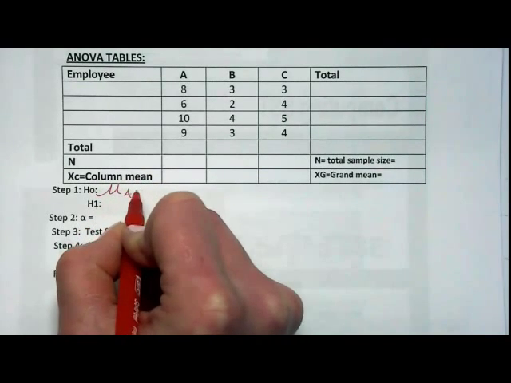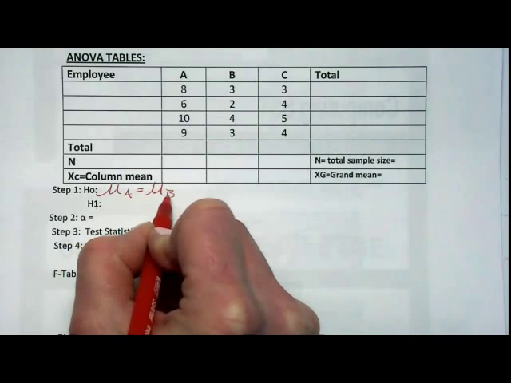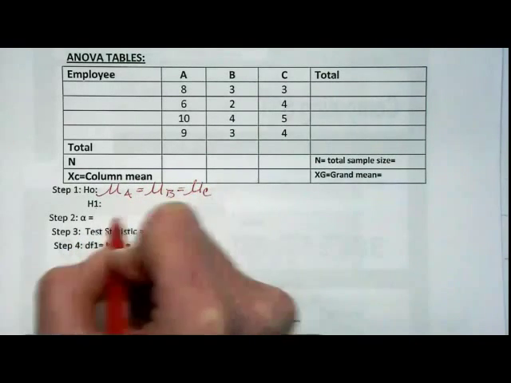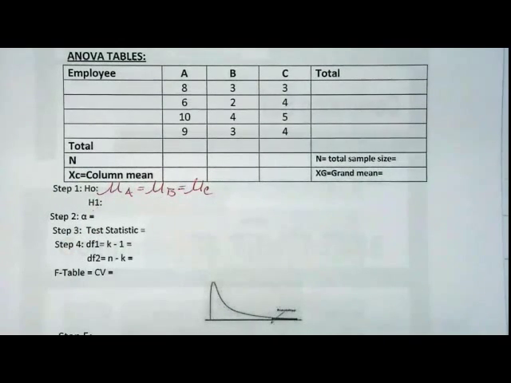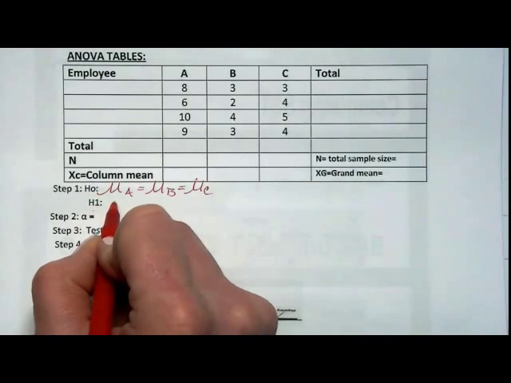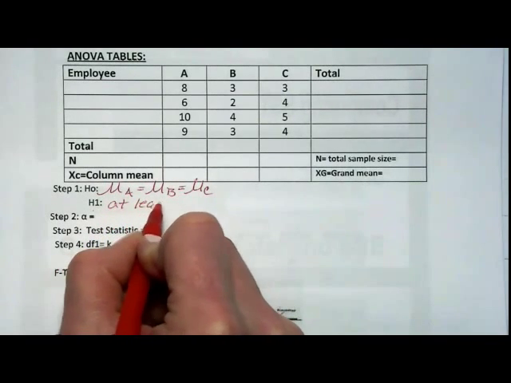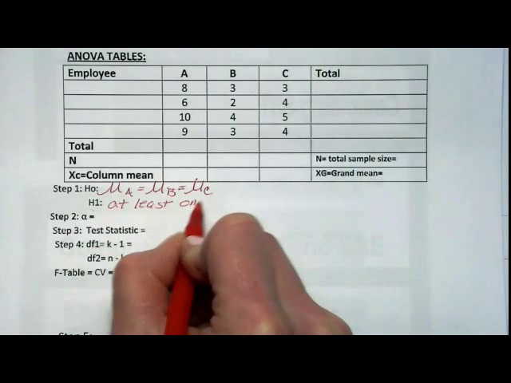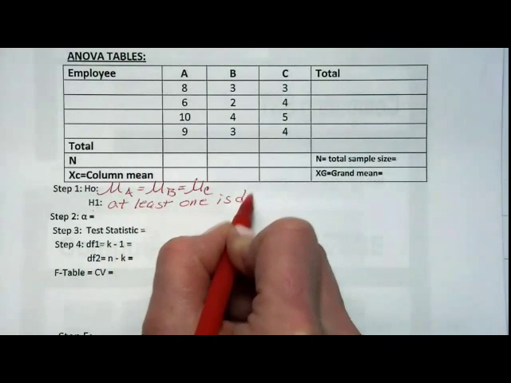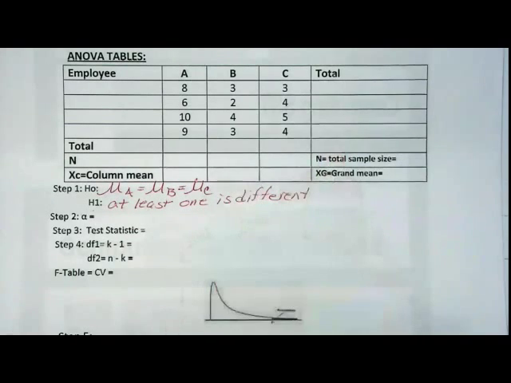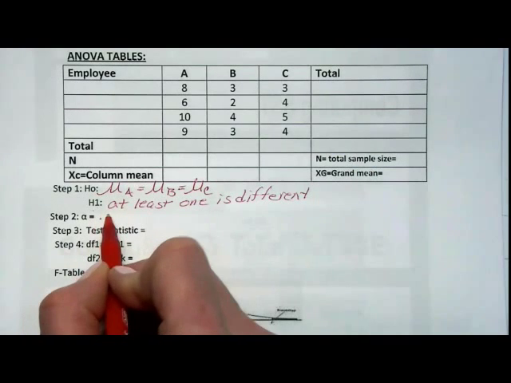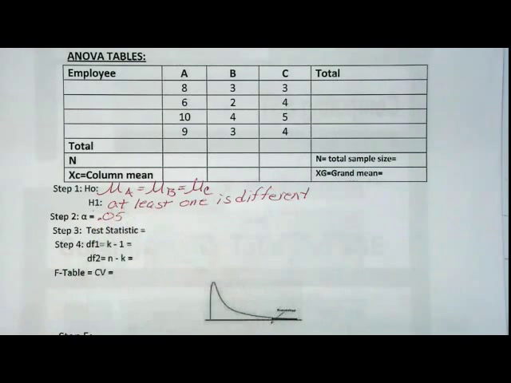The mean of employee A equals the mean of employee B equals employee C. The alternate, you just copy the words directly from my formula sheet: at least one is different. 2 could be equal, but all this procedure shows you is at least 1 is different. Alpha, as I said, is always 0.05 for an F table.